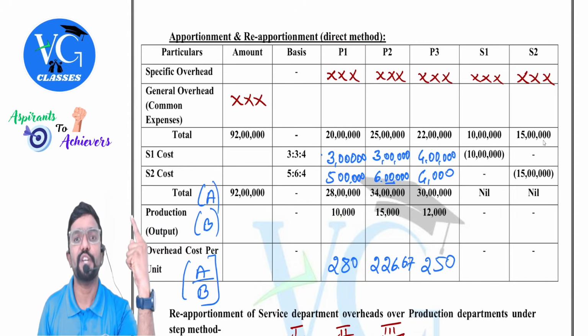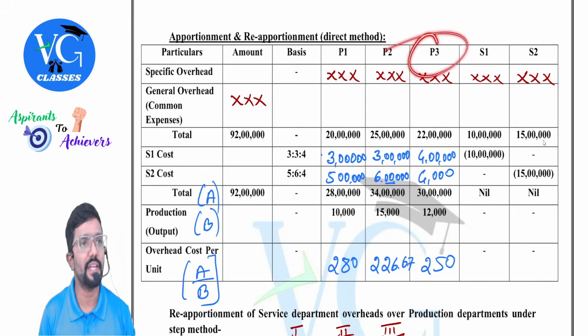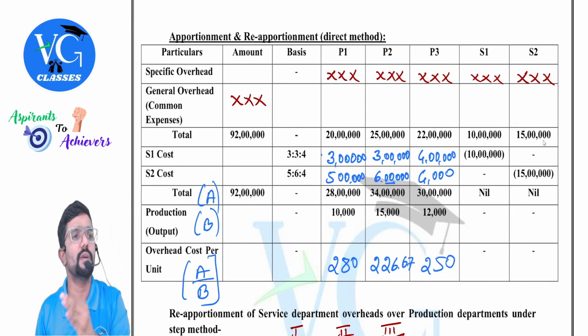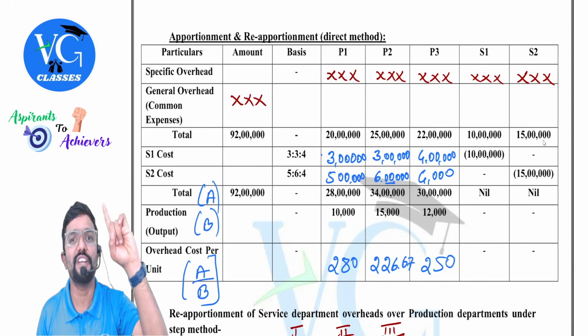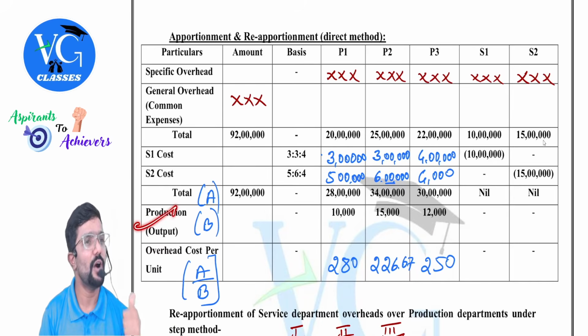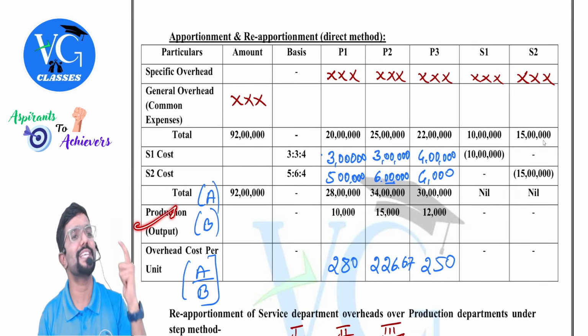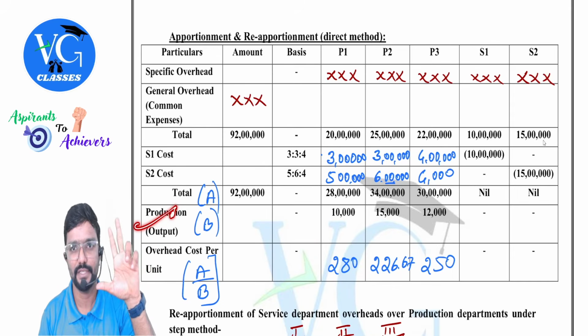What is the overhead absorption rate? 280 into 1. Same way, assume in P3, to produce each and every unit of output, a worker has to work for 5 hours. What is the overhead to be absorbed for each and every unit? 250 into 5. Hope you understood. This can be output, labor hours, or machine hours. Any of them. Normally, these 3 will come. Clear? Yes.